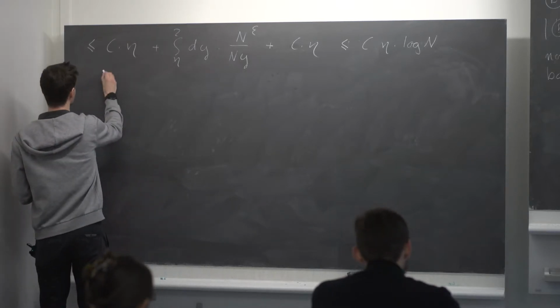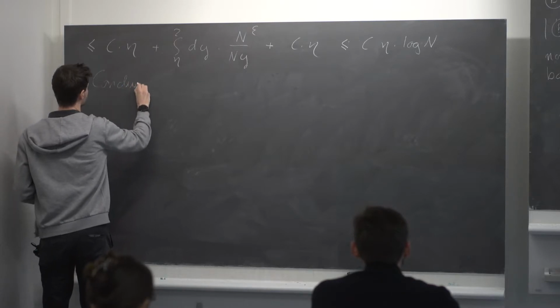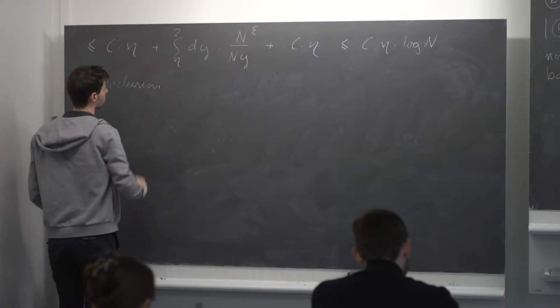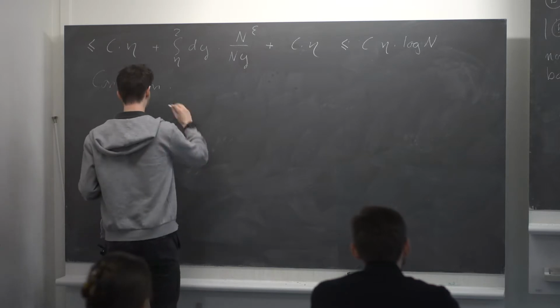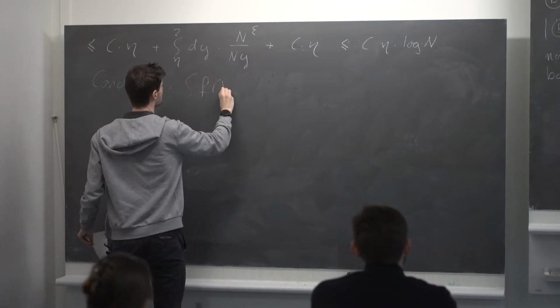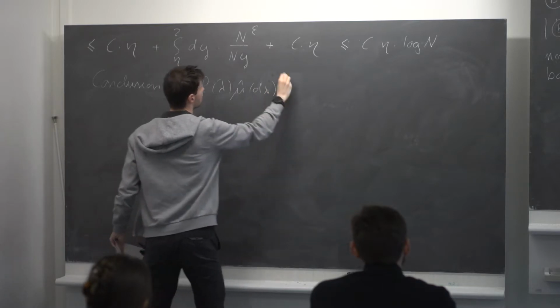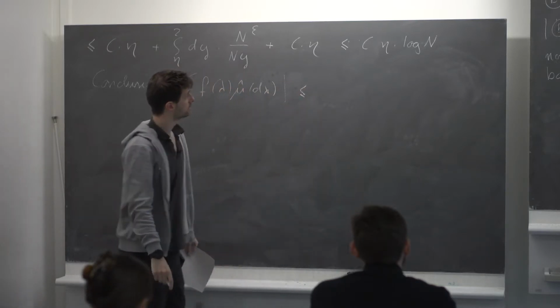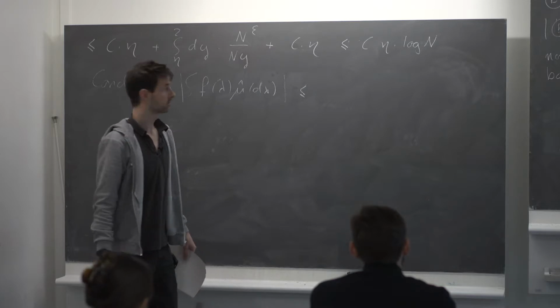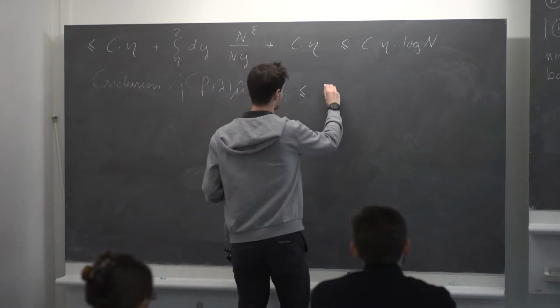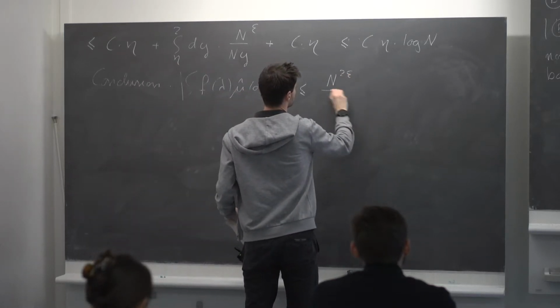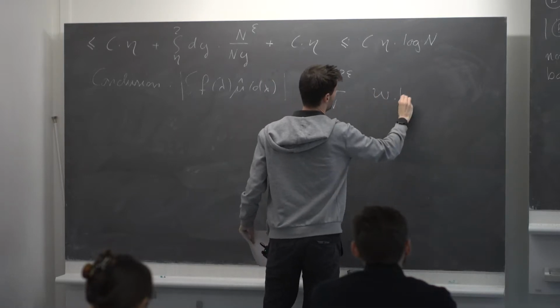So the conclusion, putting everything together, if I can estimate the log n by n to the epsilon, that's certainly correct. My epsilon was anyway arbitrary.